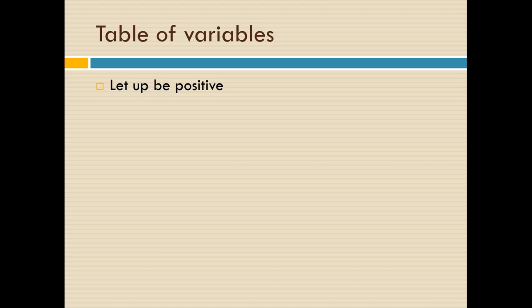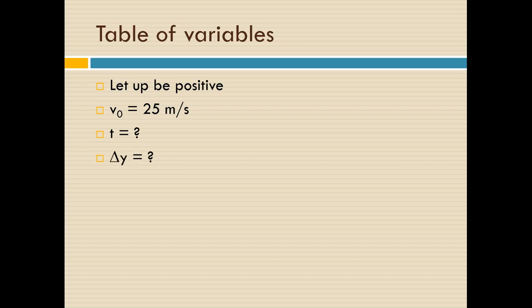Our table of variables, if we let up be positive, and that's another thing, is we have to establish a direction. If we let up be positive, then the initial velocity of the stone is going to be positive 25 meters per second. The time, we don't know how long it takes to get to the maximum height. That's what we're interested in when it gets to the maximum height.